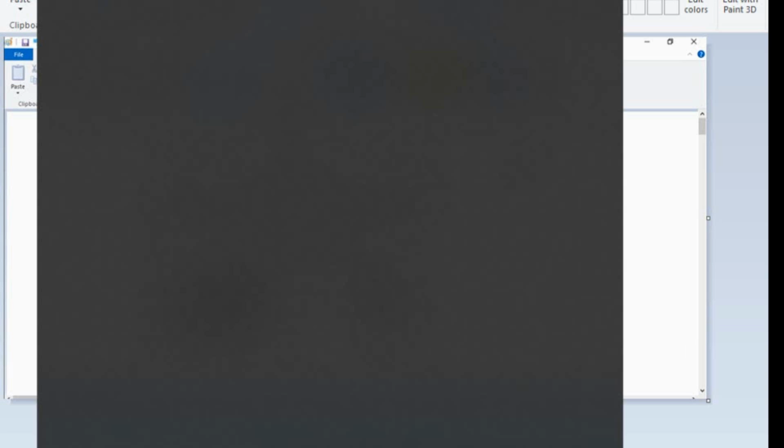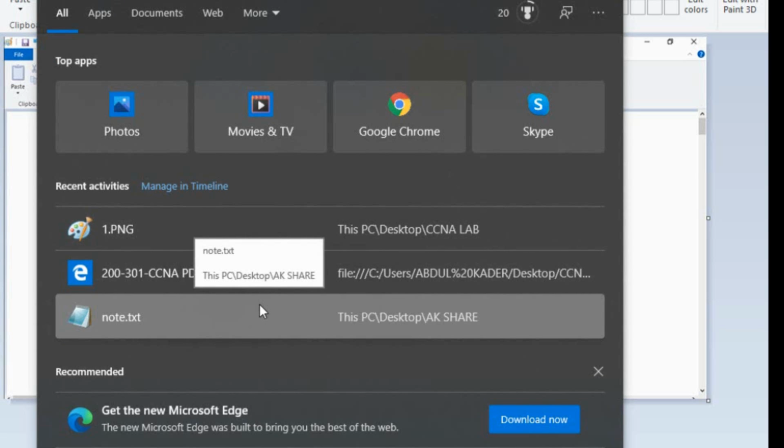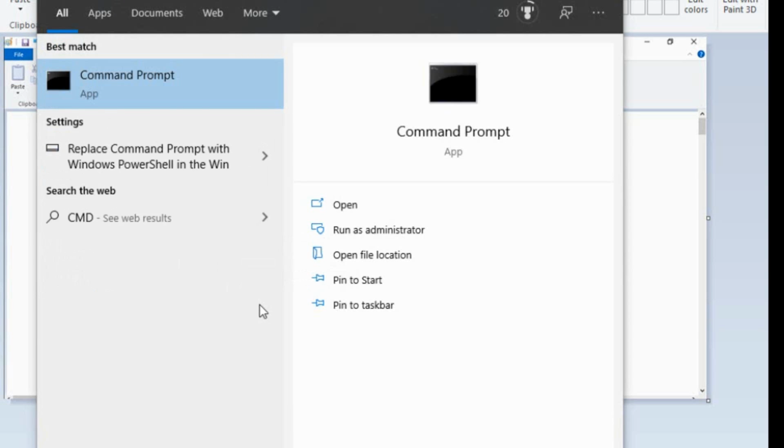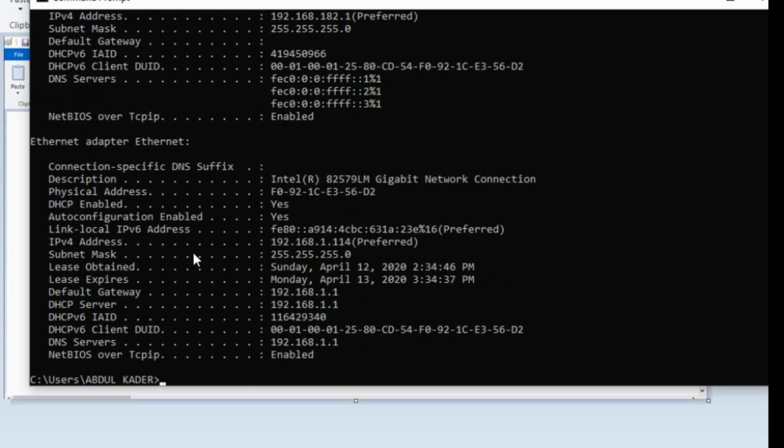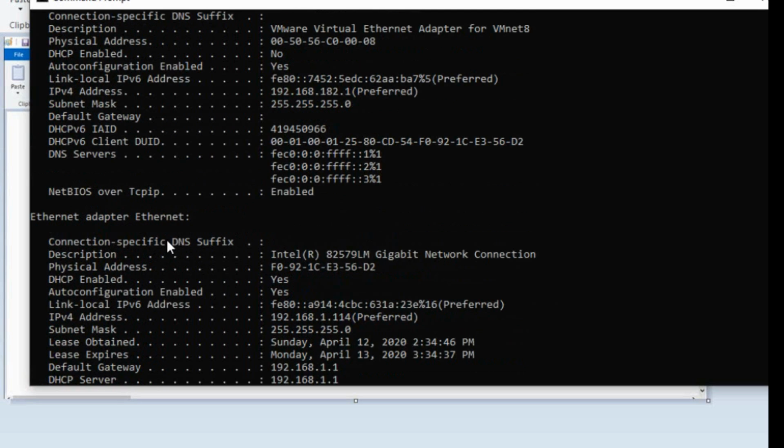Let me show you how IPv4 looks. I'm going to go to my command prompt and run ipconfig /all. Just a while ago I showed you the physical address and what it is about. If we go a little above, you can see this is the IPv4 I have, my preferred IP address, which is my own system IP address.